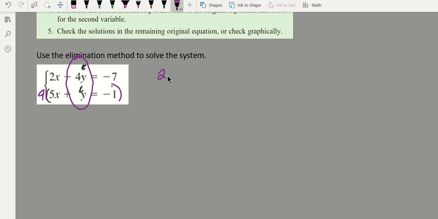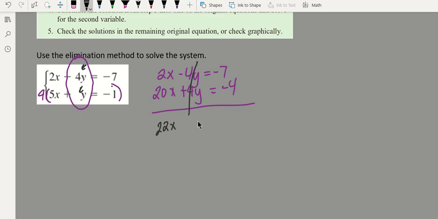So this should be 2x minus 4y equals -7 on the top, and a positive 20x plus 4y equals -4 on the bottom. Then we add these two together. One is positive, one is negative, so it will eliminate.